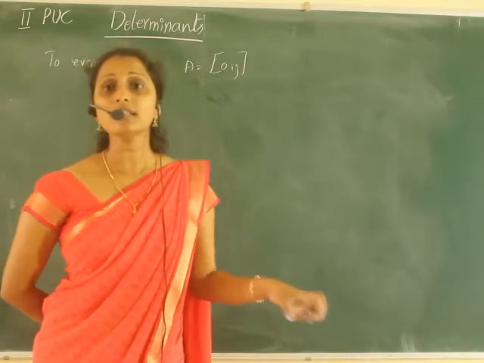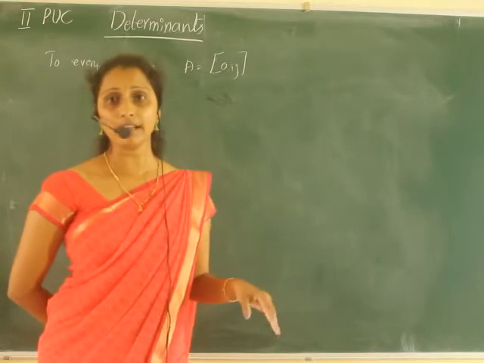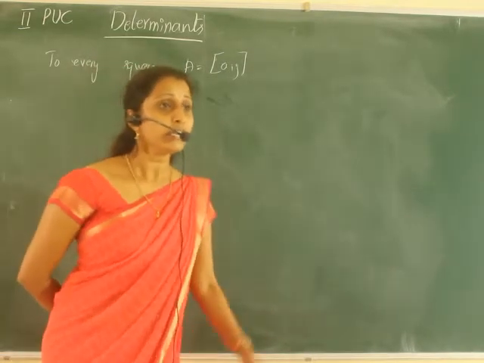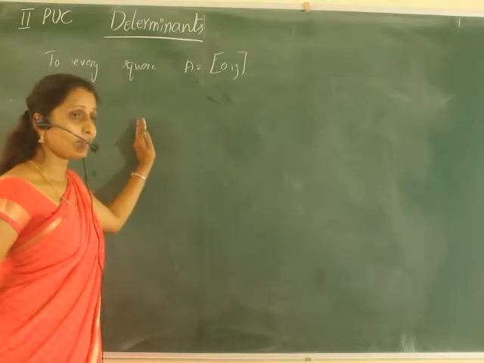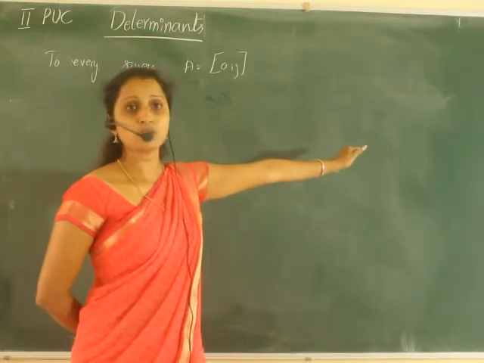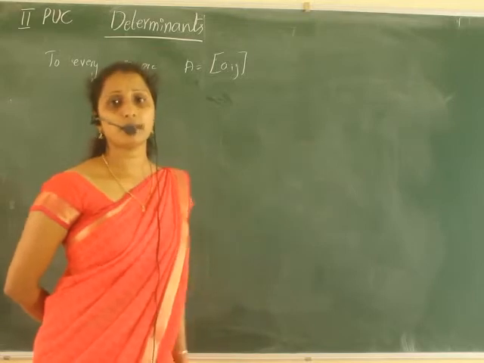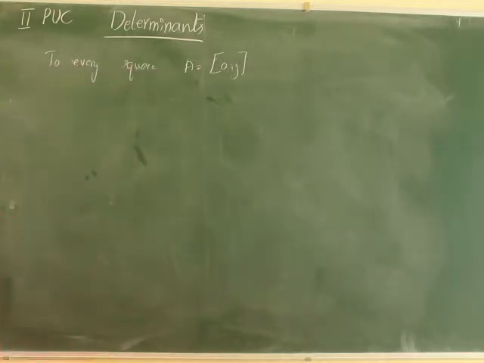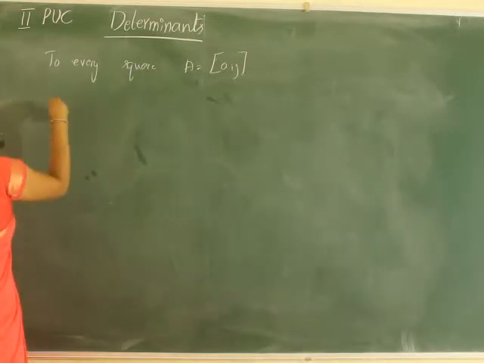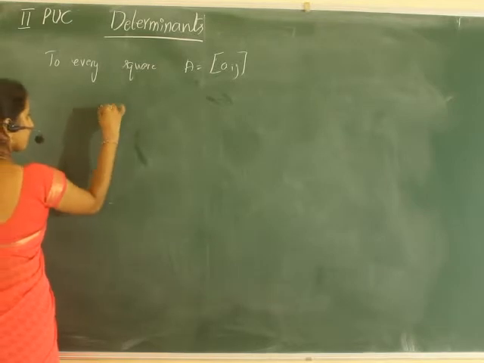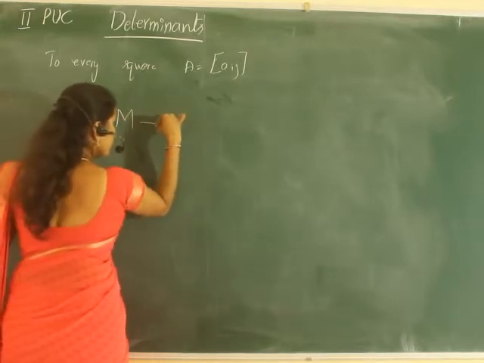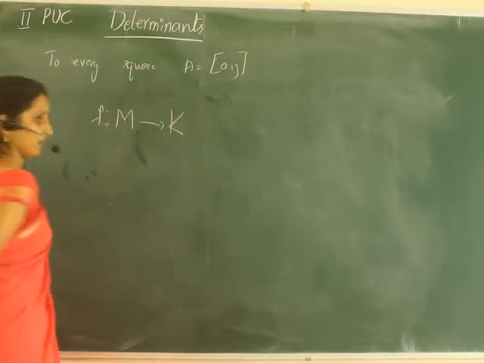That means the set of square matrices taking real or complex values means a function from the set of square matrices to a real or complex value. So I can give one more definition: it is a function f from M to K.